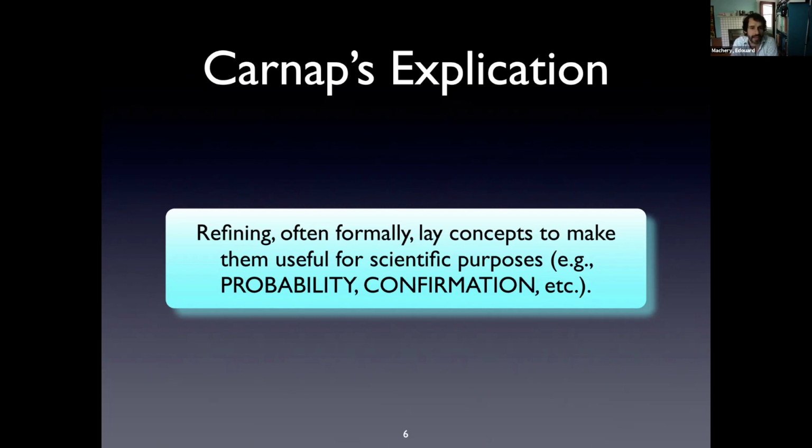Some of Carnap's favorite examples are truth, here he has in mind Tarski's work, probability, that's his own work, and indeed confirmation. There's much more to be said, but I don't want to get bogged down here in the details. The details of how we conceive of Carnap's explication really won't matter too much for the issues I'm going to be interested in for the remainder of the talk.